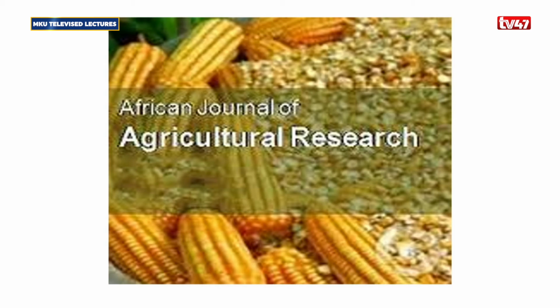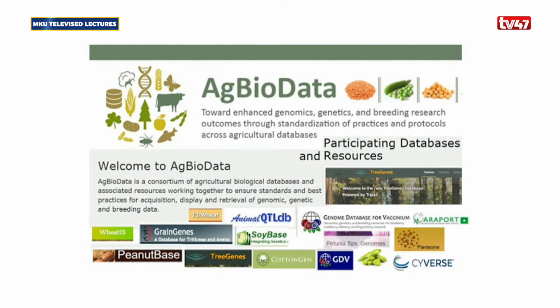The research procedures and the findings are recorded in the journals. Then those several journals worldwide are compiled in a database like this. This is agricultural biodata, which comprises several agricultural databases, as you can see.